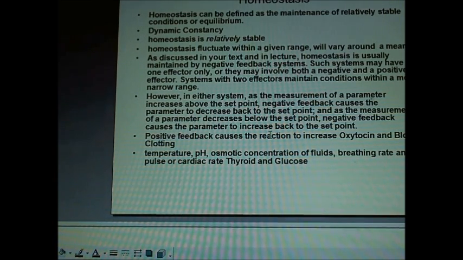As an example, in the home, if you have a thermostat to regulate the heat of the house, you have the air conditioner running, and you have the heater running. If the house is cold, the heater is going to come on higher and push the temperature of the house up. If the house is too warm, the air conditioner is going to come on and push the temperature down.